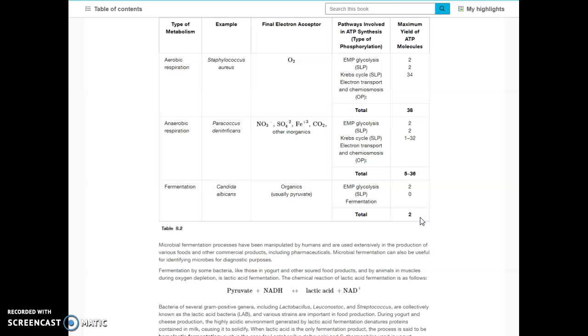However, fermentation is beneficial for us. We use fermentation to produce a lot of different types of foods and other products, including pharmaceuticals. We also can look at the products of fermentation to identify bacterial species or other microbes.